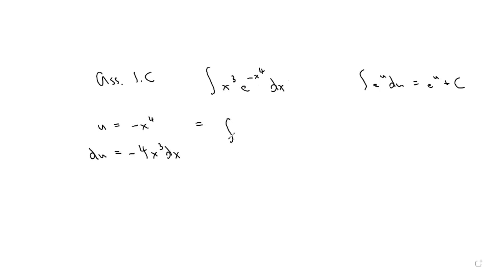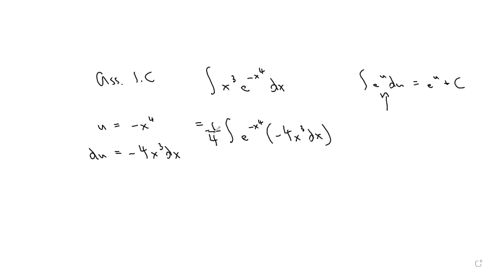So let's do integral. I'm going to put this first, and then I'm going to put bracket, and then I'll put minus 4x to the 3 dx. I just like having it all to the right side of e to the u, because that's what they use for the standard formatting regardless. And then, so we just put a minus 4 in there. So let's offset this with a minus 1 over 4.